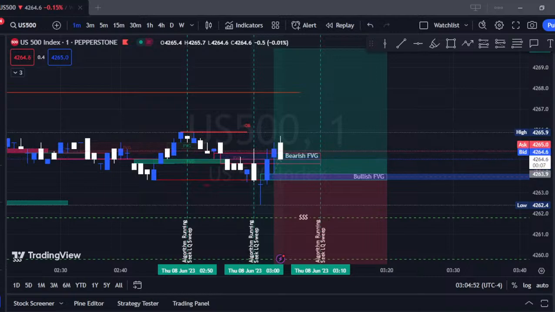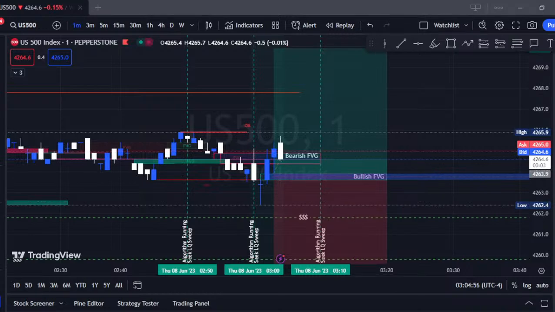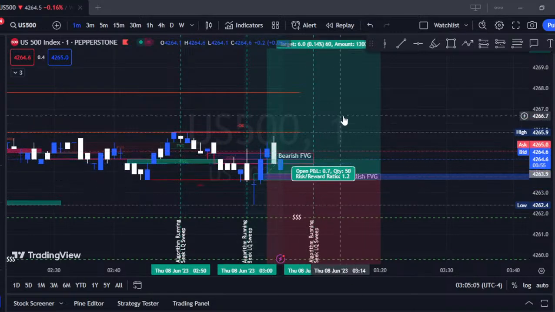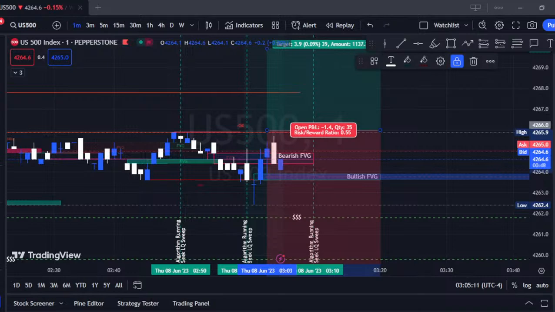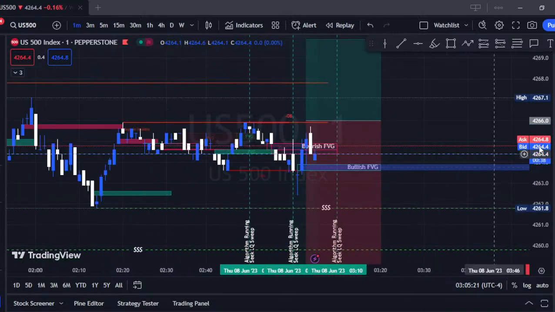I am in somewhere around, my price is 266. Yep, I am in at 66. Let's see what it will do.